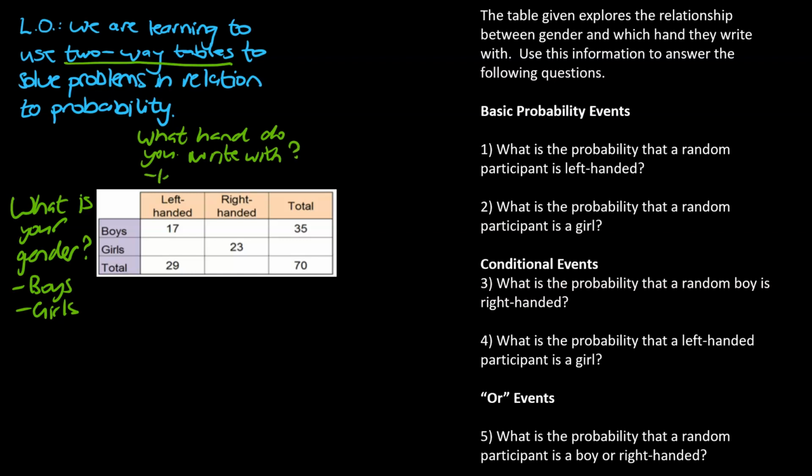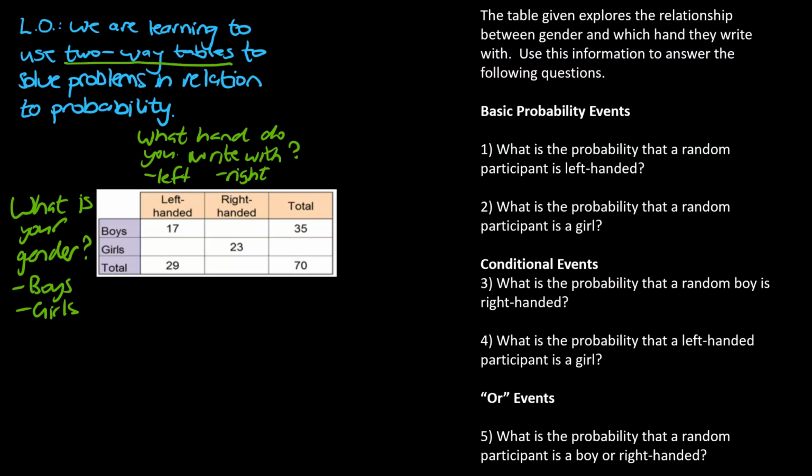And they would have responded with either their left hand or their right hand. These categories aren't exhaustive, so people can write with both hands, and there are other genders as well, but we're just going to run with boys and girls, left-handed or right-handed, and we won't worry too much about those middle grounds between them.